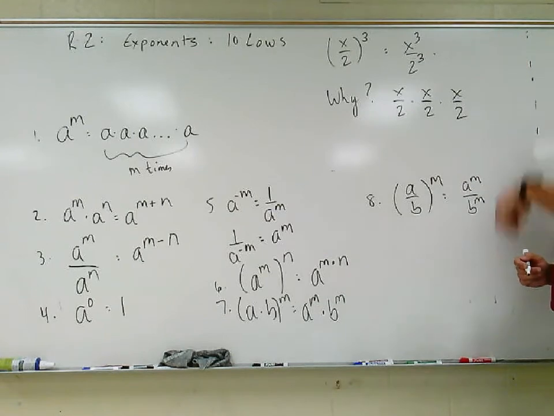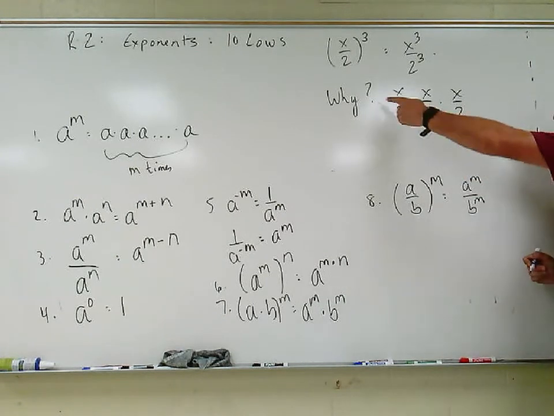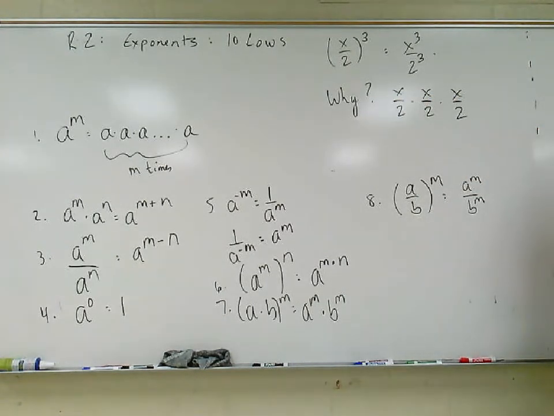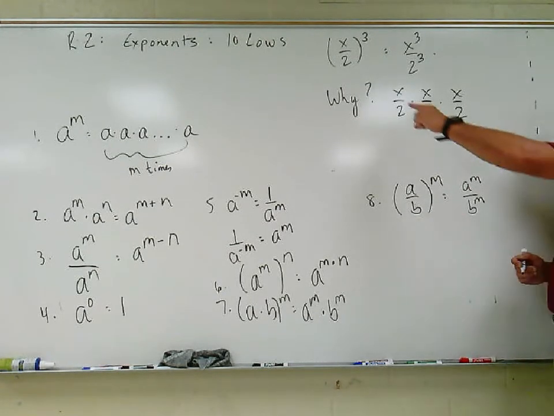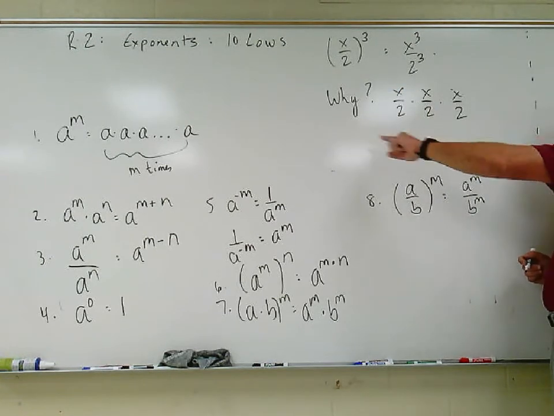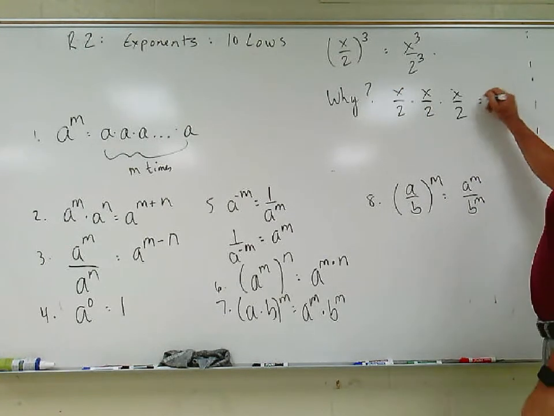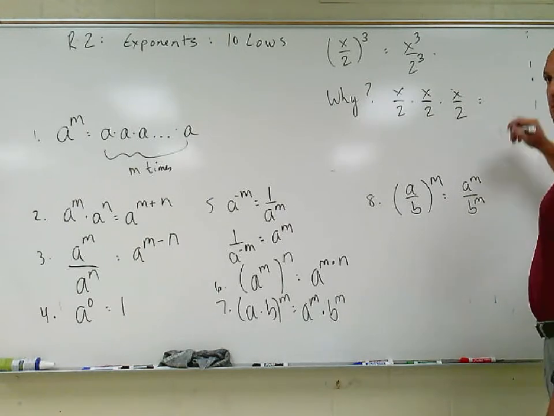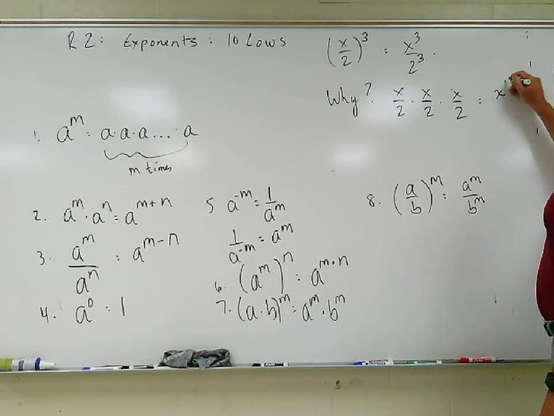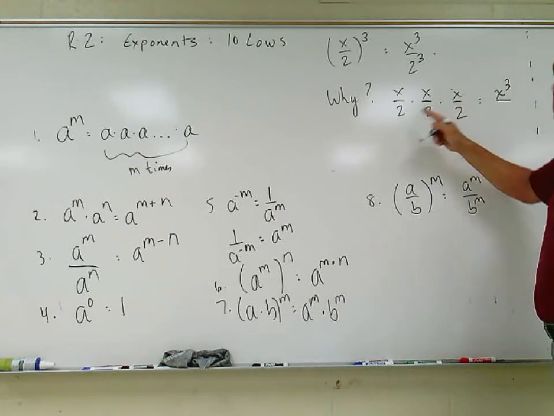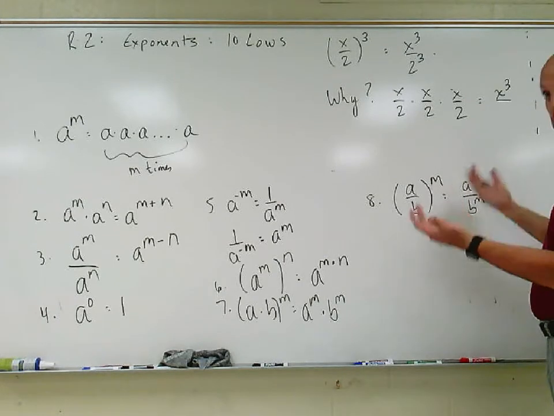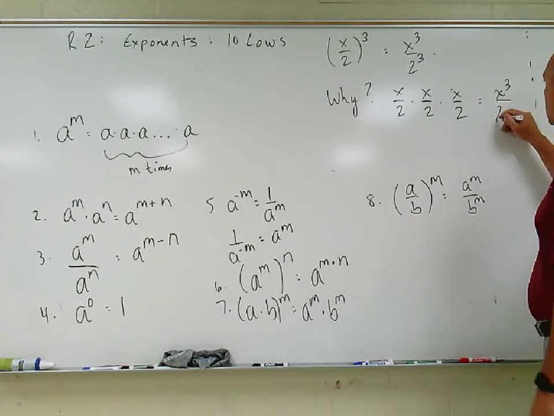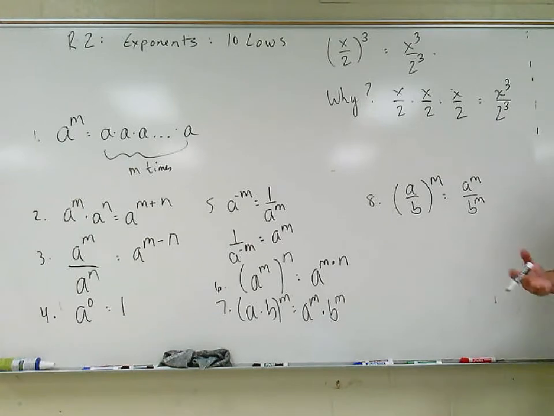Why is this a rule? So if I multiply a fraction, what's the rule when you multiply fractions? You multiply across. You multiply fractions, you multiply all the top and you multiply all the bottom. So x times x times x multiplies to give me x cubed, right? 2 times 2 times 2 multiplies to give me 2 cubed, or what's the answer? 8. That's it.